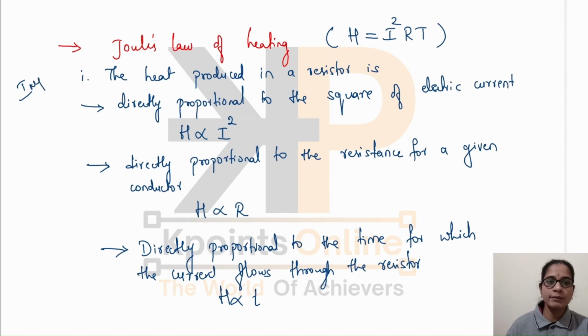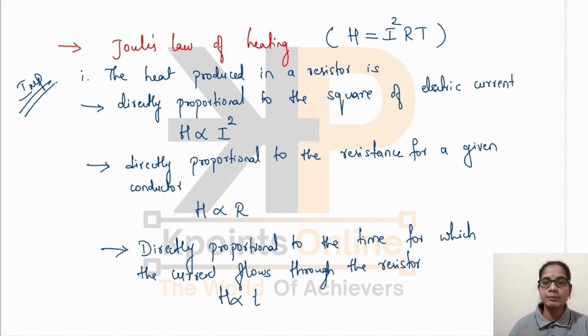This law is very important. You have to remember this. The formula is also very important because you get numericals on this formula. So what we have understood here, the heat produced is directly proportional to the square of electric current, which means more the electric current passes through the resistor, more will be the heat produced.